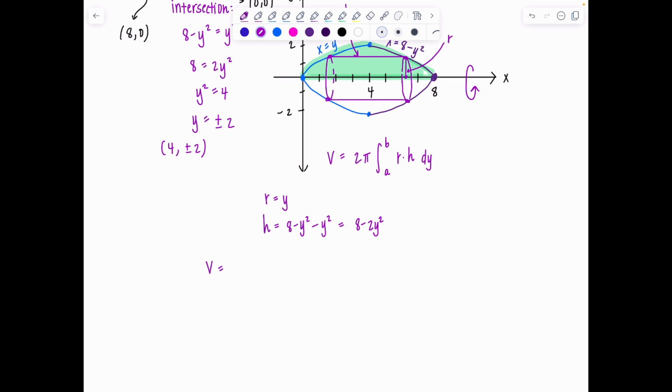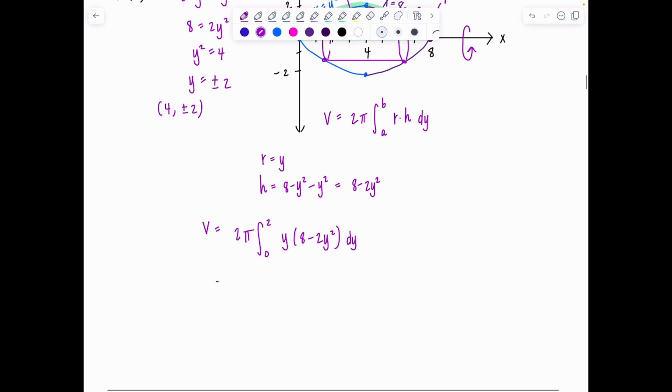Volume is, take the 2 pi out, integral 0 to 2, radius times height, dy. And then from here, you're pretty much footloose and fancy free because this is just a harmless little polynomial. Just distribute: 2 pi, integral 0 to 2, 8y minus 2y cubed dy.